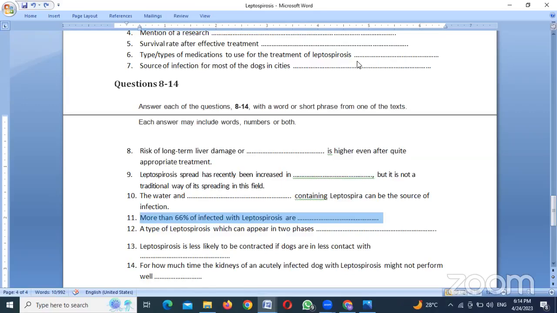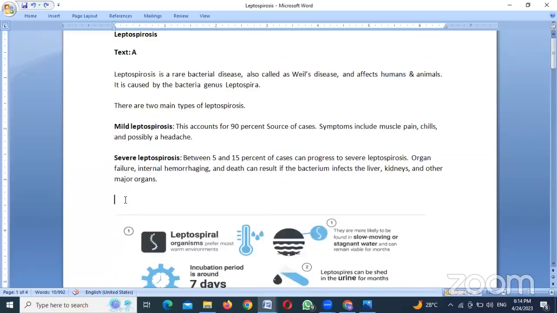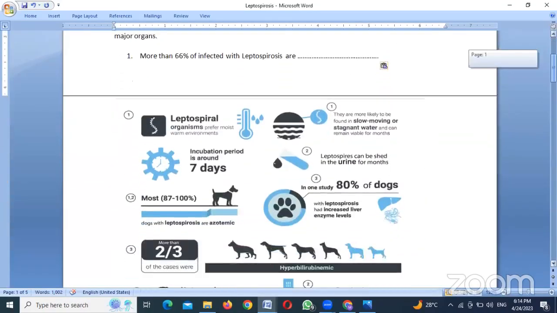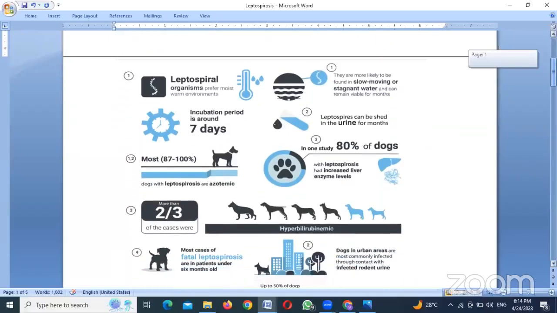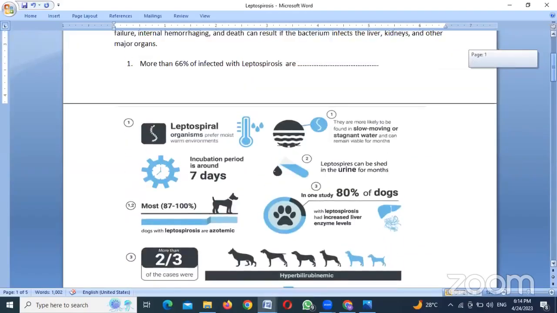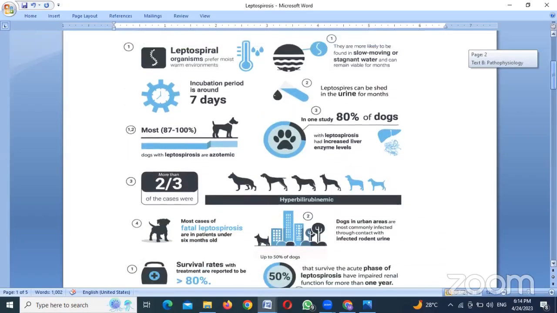Sir, it can be B or C. Let us go to A. Try to find the answer here. What are your keywords? 66% infected. More than. Okay. Can you find something like that here?